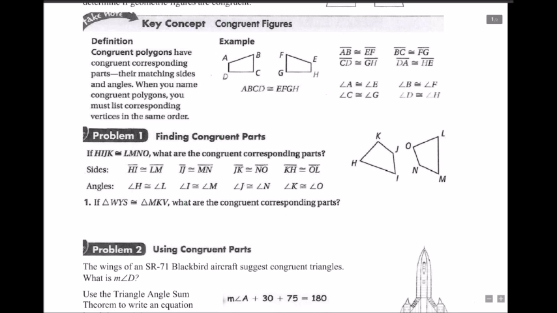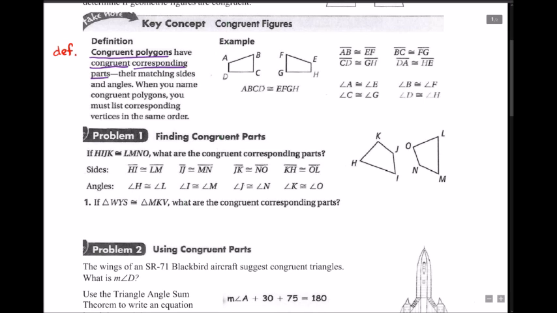Congruent figures. This is going to be one of our definitions. This is the definition of congruent polygons. Congruent polygons have congruent corresponding parts.